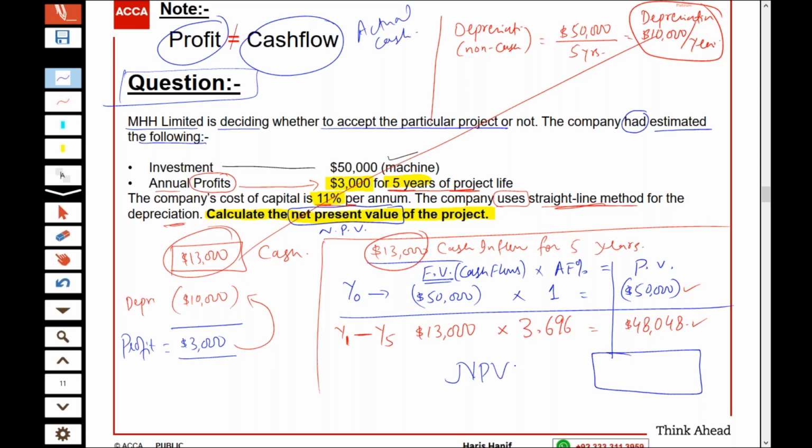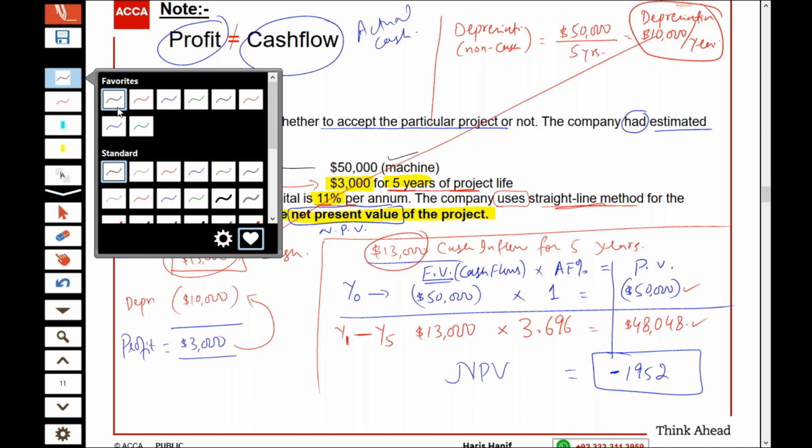And now my net present value is minus 1,952. So I cannot recommend investing in this project.